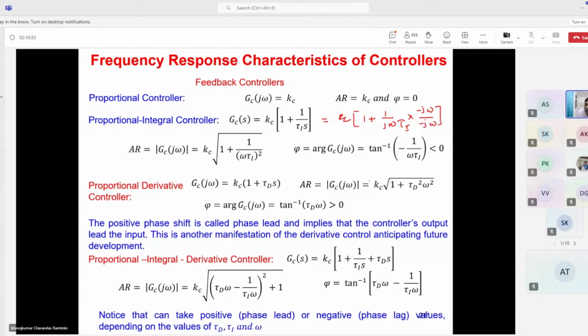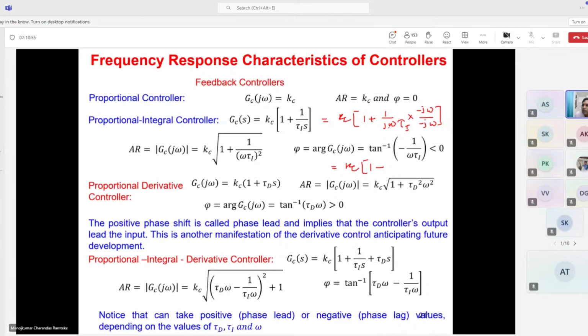So we will get Kc times 1 minus j omega, and this minus and minus will become minus j square omega square.